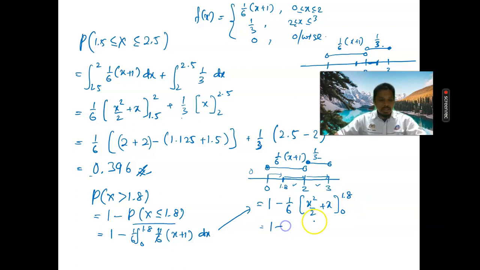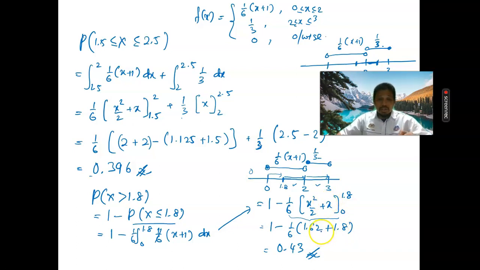You may use a calculator, and for this part you should get 1 over 6 times (1.62 plus 1.8), and the solution of this equals 0.43. Class, I made a short solution for this one.